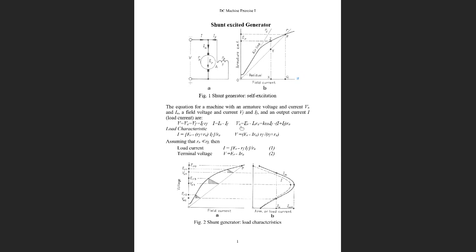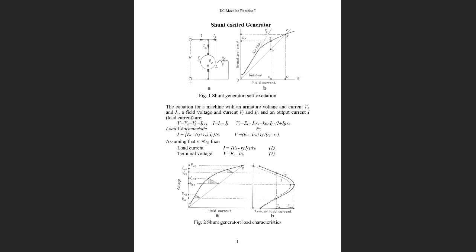In the armature circuit, the armature voltage VA equals the internal generated voltage ER, which is the DC, the root mean square value of the internal AC, minus the armature voltage drop, which is the product of the armature current IA and the armature total resistance RA.